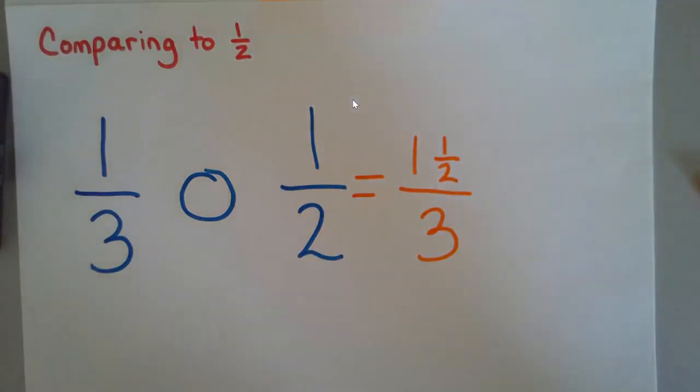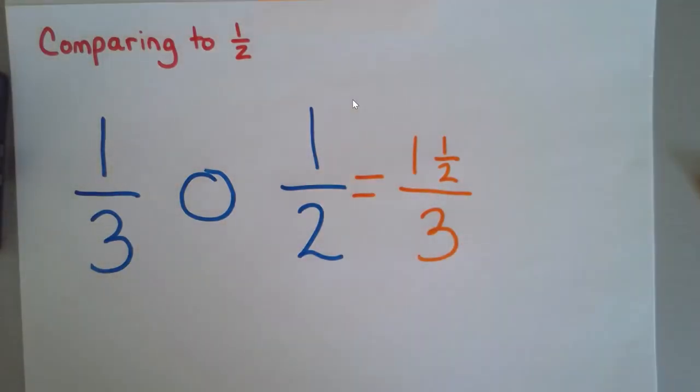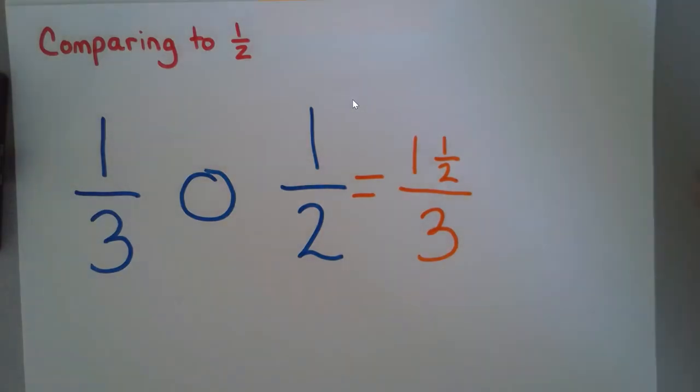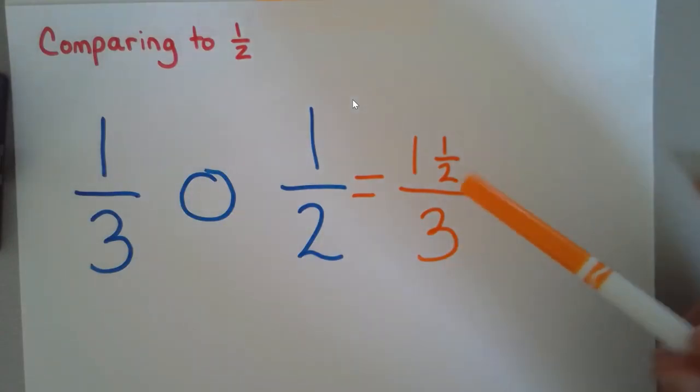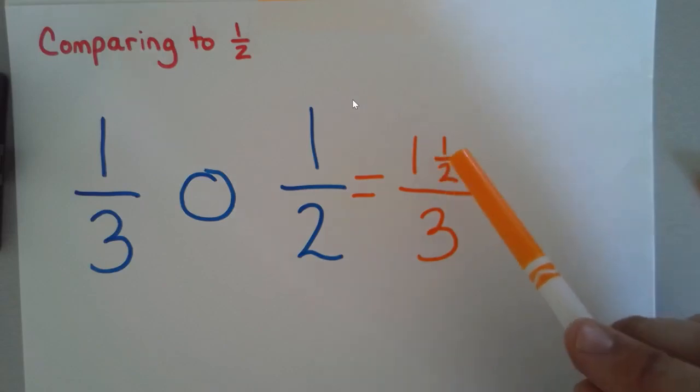Now, again, I want to explain to you, this is not a normal way to write fractions. We would not normally express a fraction in this form. We'd come up with another way to represent this fraction that you'll learn about later on. But this can still help us because I know that a fraction equivalent to 1/2 with a denominator of 3 is almost like 1.5 thirds.